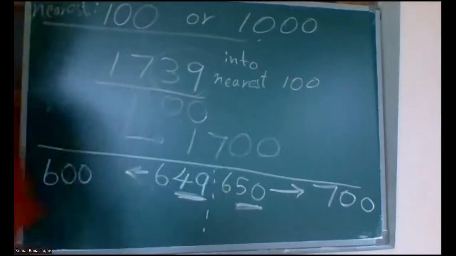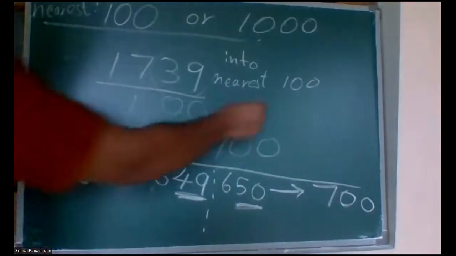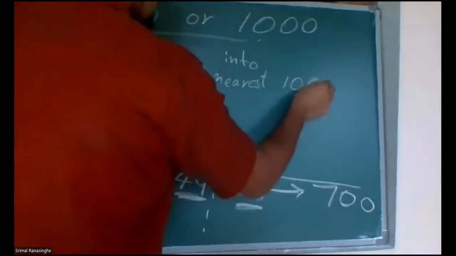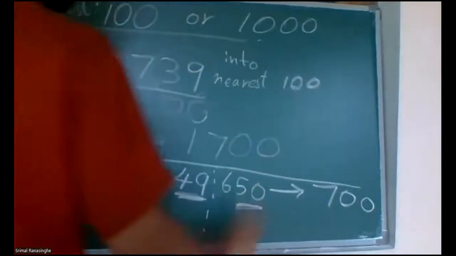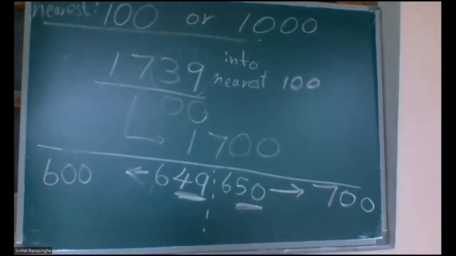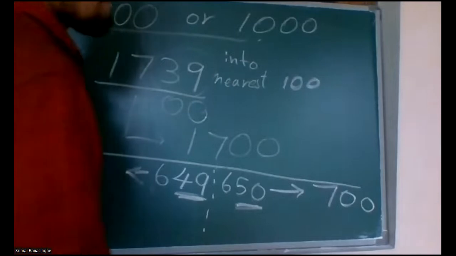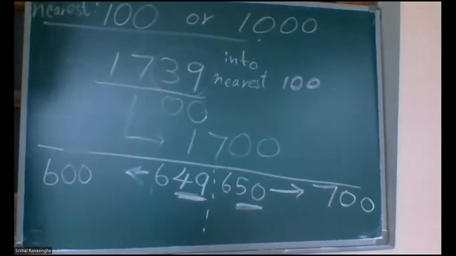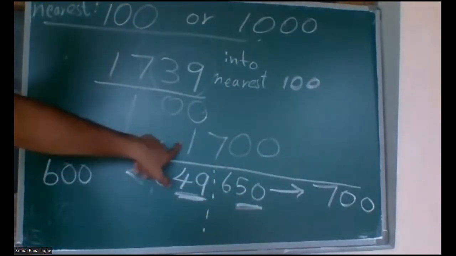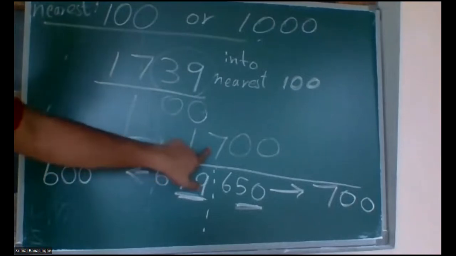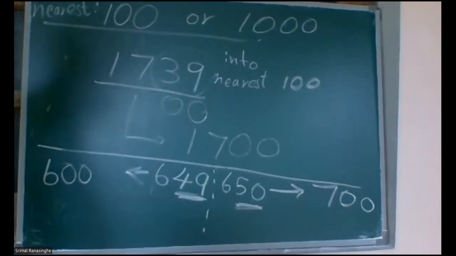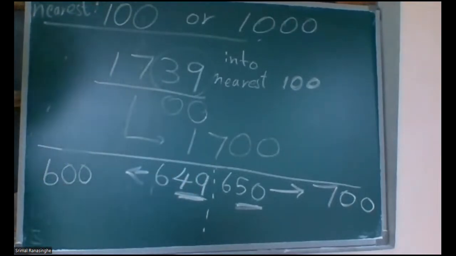Sorry, nearest 100. Nearest 100 means 1700.